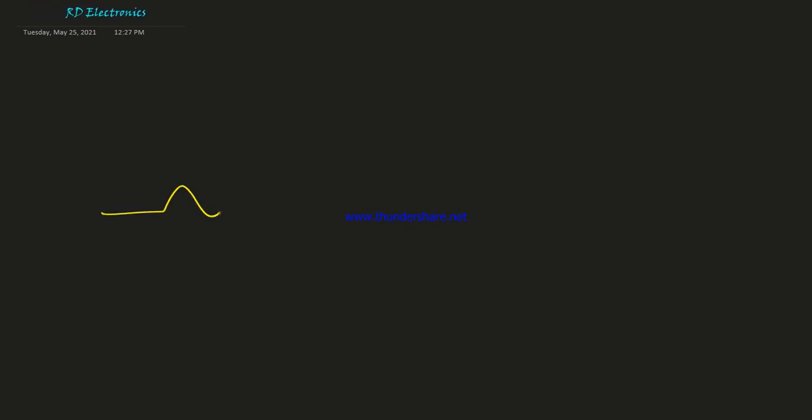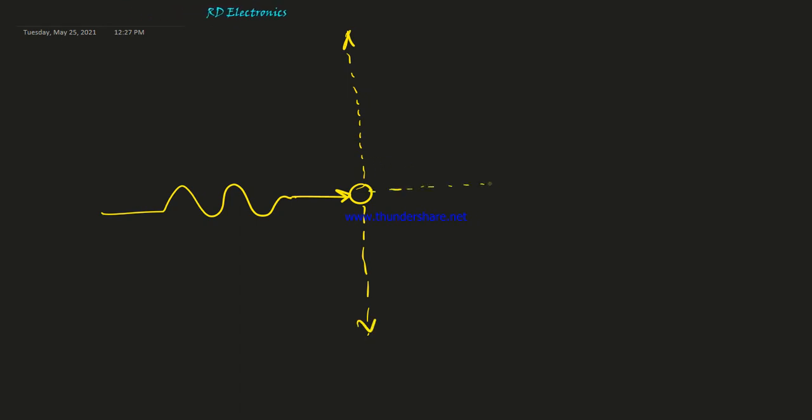This is an incident photon. This hits the molybdenum crystal. So this is the perpendicular direction, and this is the horizontal direction.